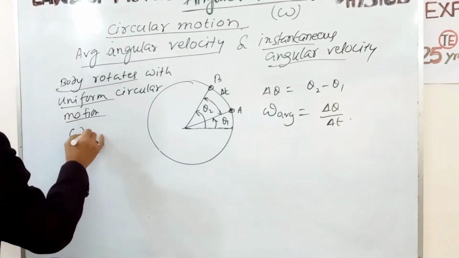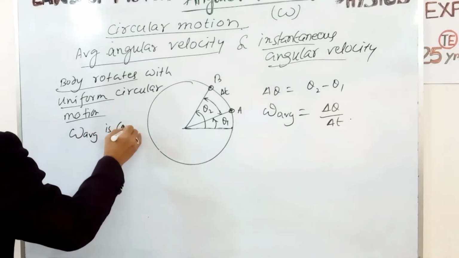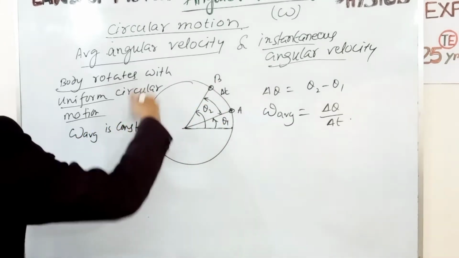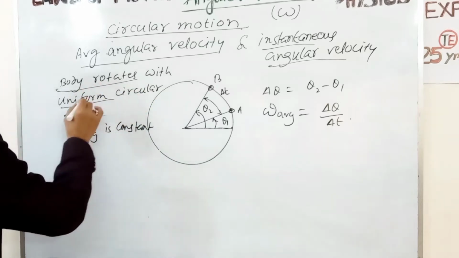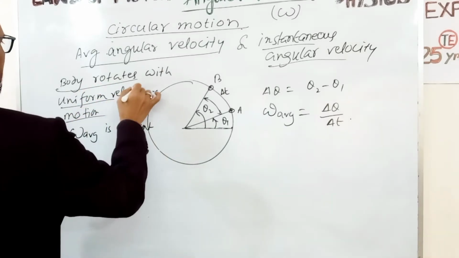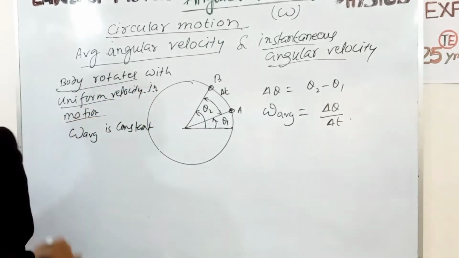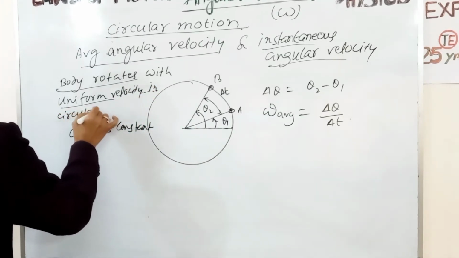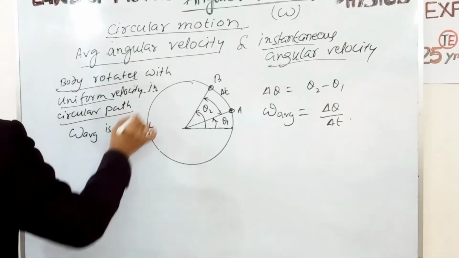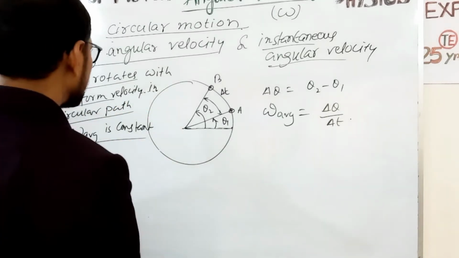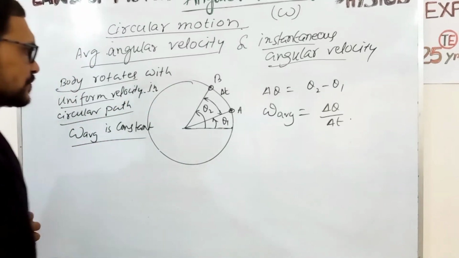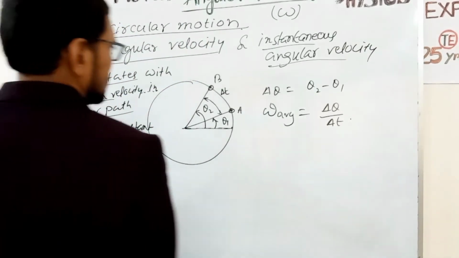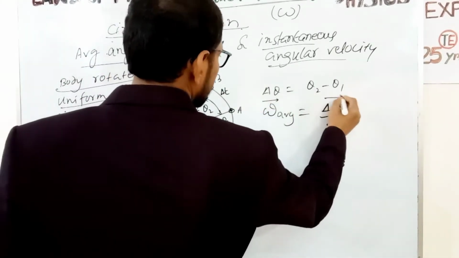Omega average is constant over the whole path. If a body rotates with a uniform velocity in a circular path, then the average angular velocity is constant. Now omega, this is a vector.